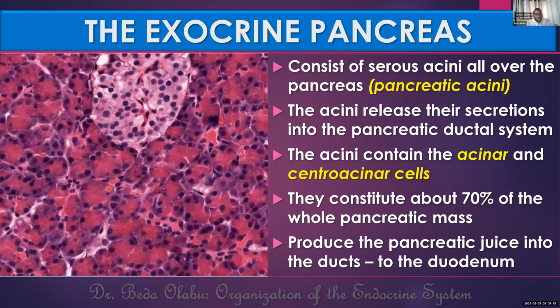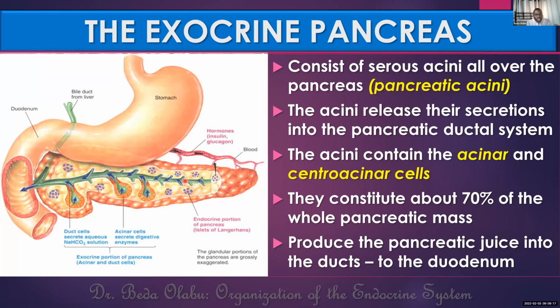So the ducts join eventually to the main pancreatic duct or an accessory duct, which drain to the duodenum. Pancreatic juice contains many elements. Of course, water would be part of it. But importantly, the pancreatic juice contains digestive enzymes, which help in the digestion of food. It also contains bicarbonate, which helps to neutralize gastric acid.